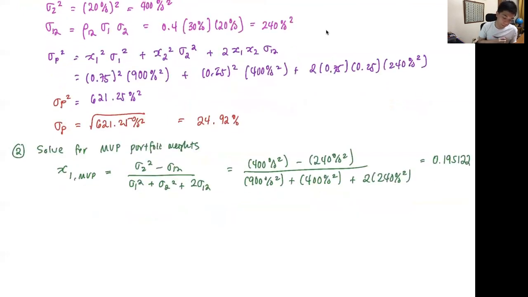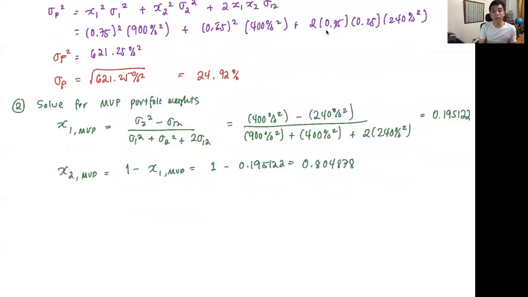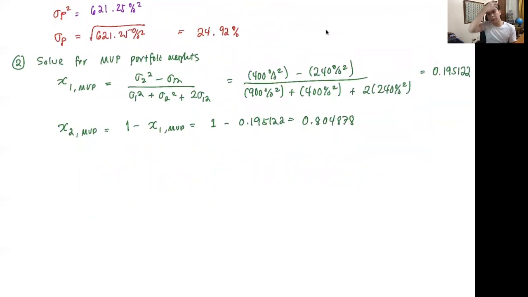Then, of course, x2 MVP is just equal to 1 minus x1 MVP, which is 1 minus 0.195122, which is equal to 0.804878.